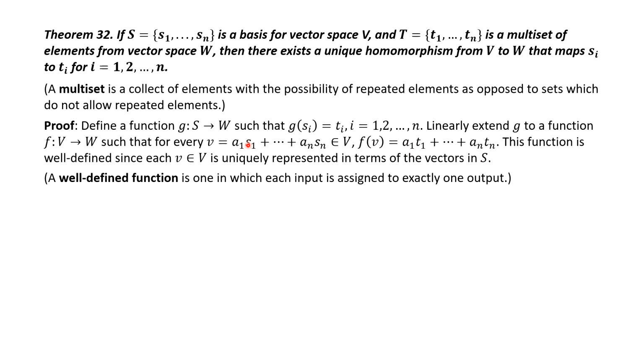So you just take the coefficients and multiply them times the elements in T, which, as I say, may be repeated. So this function is well defined since each v is uniquely represented in terms of the vectors in S. But what we haven't shown yet is that f is a homomorphism. And we'll do that on the next slide.